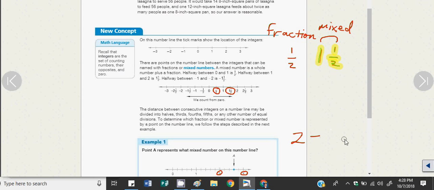The denominator tells me total spaces the way that they're divided. Okay, how many are there between 2 and 3? 1, 2, 3, 4, 5. Remember, count the gaps. There's 5, which means this number line is divided into not just wholes, but fifths.